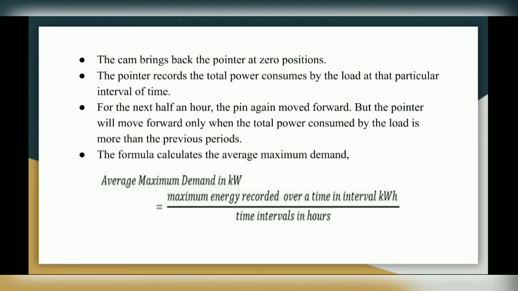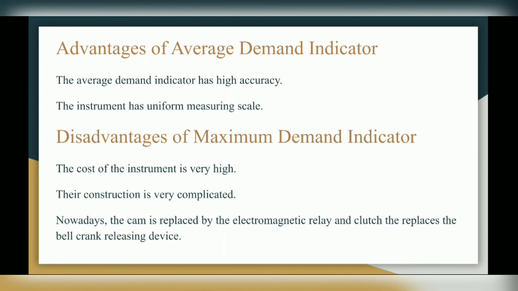The formula calculates the maximum demand, that is maximum demand in kilowatt is equal to maximum energy recorded over a time interval in kilowatt hour upon time interval in hours. So maximum demand indicator records the power in particular interval of time.